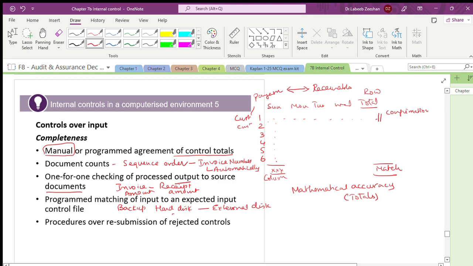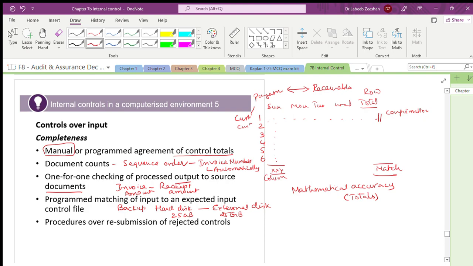Here it is 25 GB, and here it should also be 25 GB only. Then you are matching what the inputs and what the outputs are. Get your point? This is program matching of input to an expected input control file.